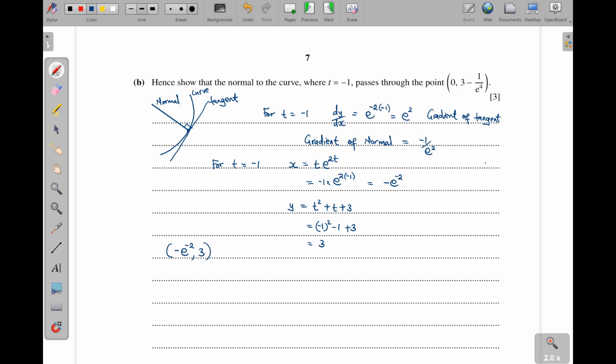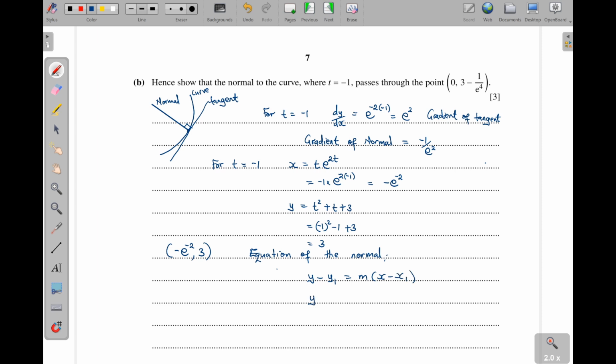Okay, so the equation of the normal is going to be, remember we can use y minus y1 equals m into x minus x1.